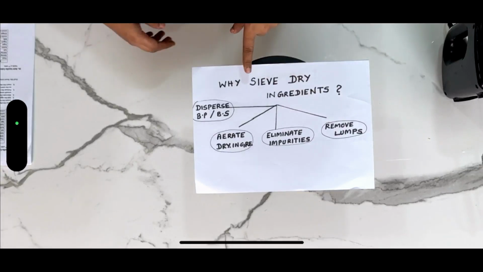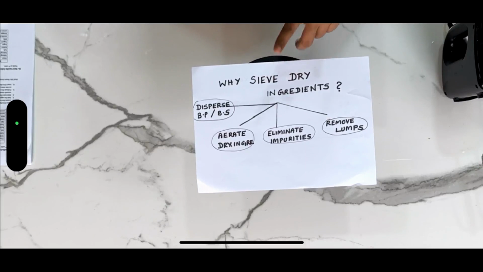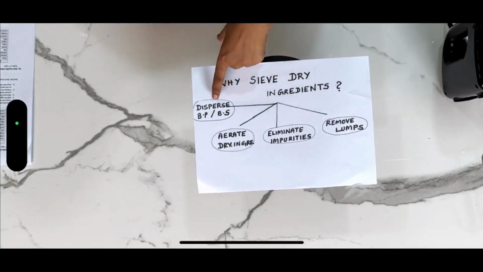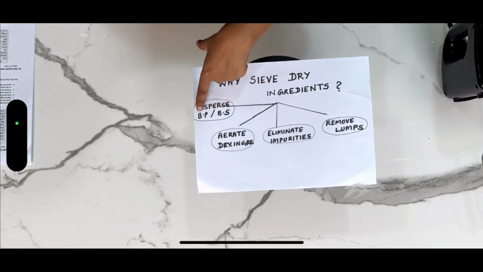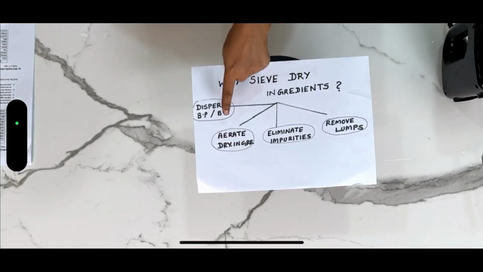Okay. So why do we sieve the dry ingredients? There should be a reason for every step, right? And there should be a reason why we do certain steps in a certain order. So why do we sieve the dry ingredients? Four big reasons. First, we need to disperse your leavening agents, baking powder and baking soda, evenly into your dry ingredients. Second, you need to aerate your dry ingredients also.